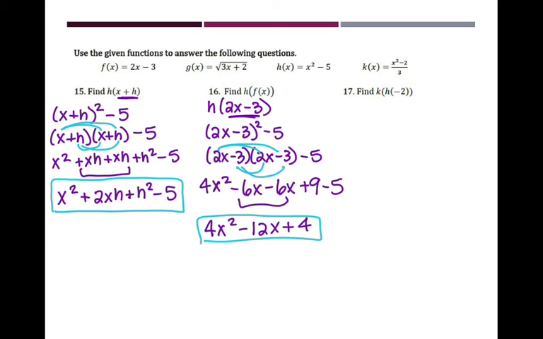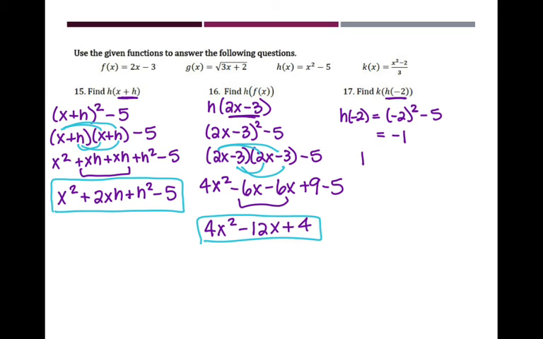All right. Number 17 is also a composition, but this time we actually have a number to plug in. So the first thing I'm going to do is I'm actually going to find h of negative 2. So I'm going to take negative 2 and plug it into my h function. So I have negative 2 squared minus 5. That is 4 minus 5, which is negative 1.